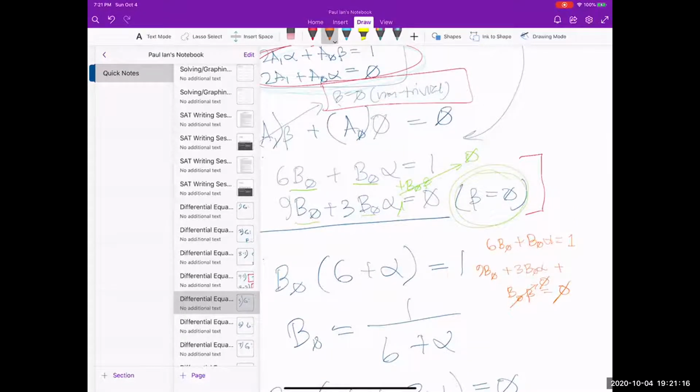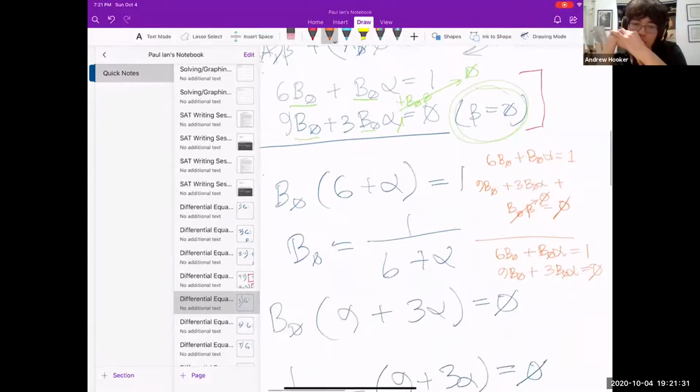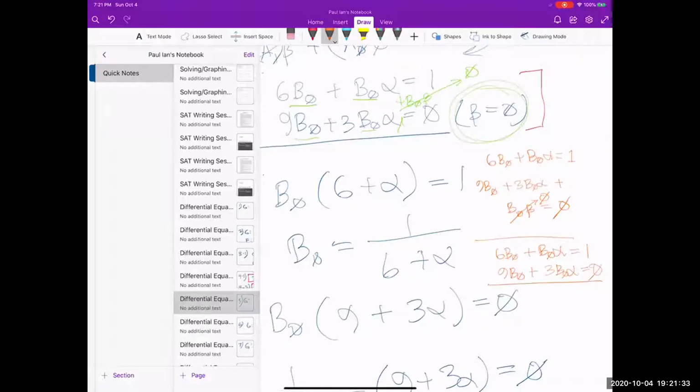That simplifies our equation. We only have 6b naught plus b naught alpha equals 1, and then 9b naught plus 3b naught alpha equals 0. From that, you just solve for alpha.